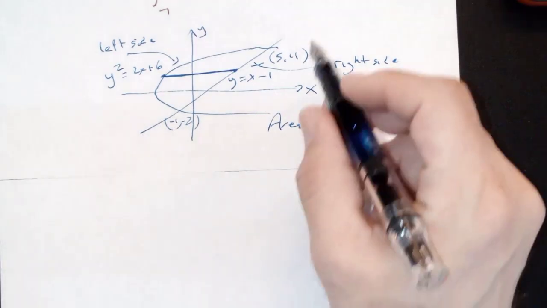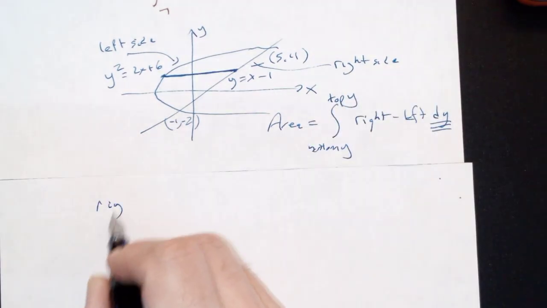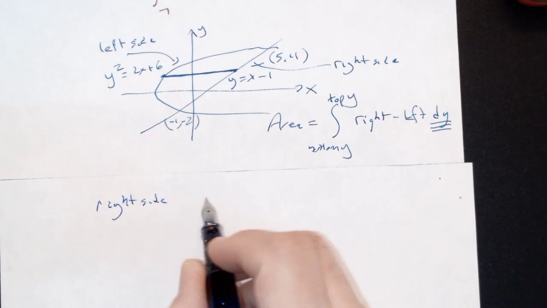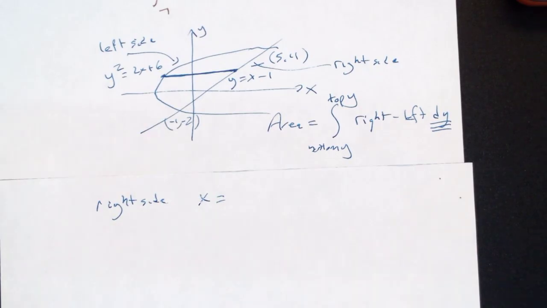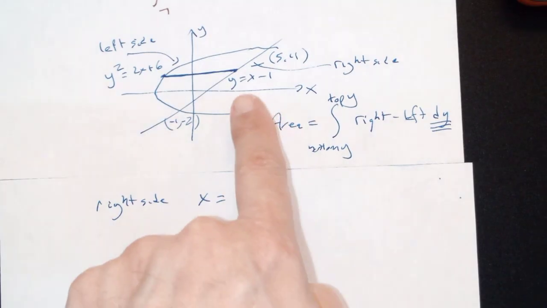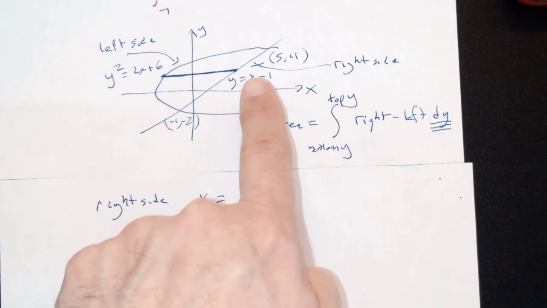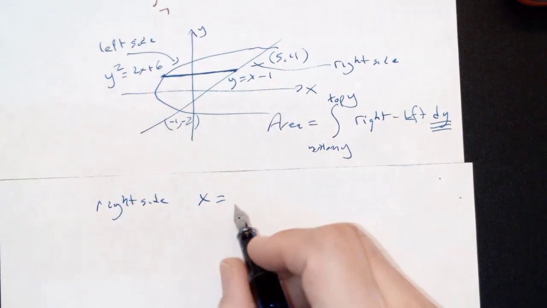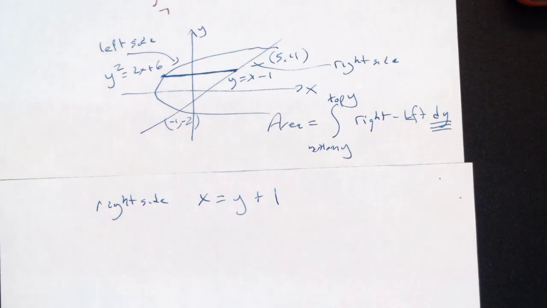So when I look at this right side equation, I want to write it x equals. I just solve for x instead.